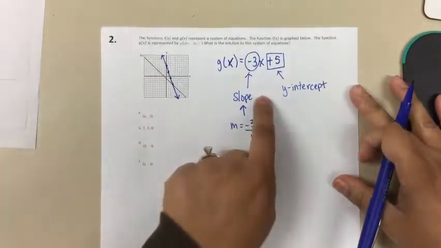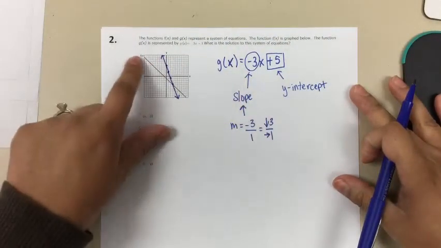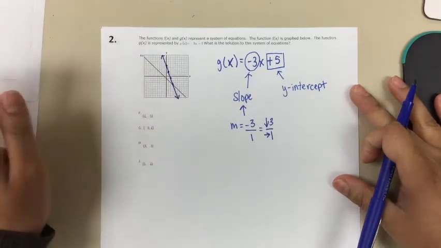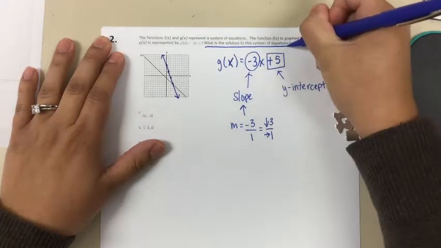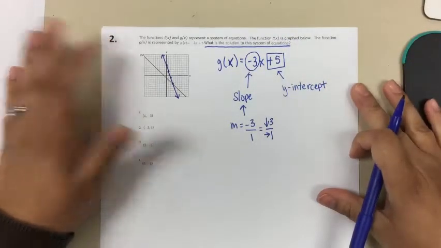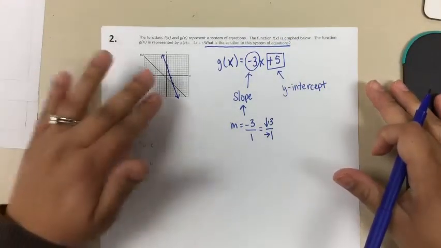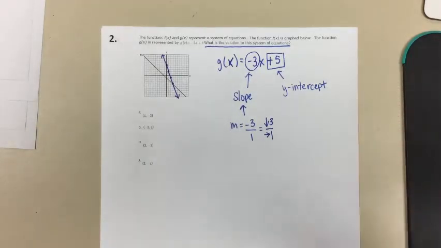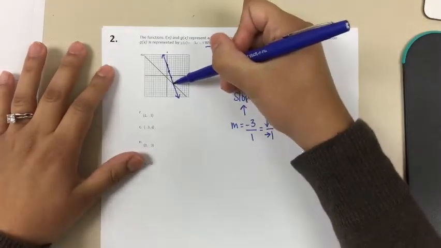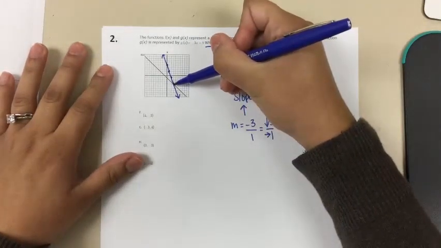Okay, so we graphed the second equation. Our first equation is already graphed, and now I have to figure out what is the solution to this system of equations. Well, to find the solution, given these two equations, it's where the two lines touch, or where the two lines intersect. As you can see, we actually plotted a point where those two lines intersect.